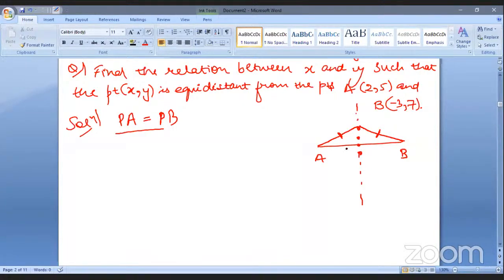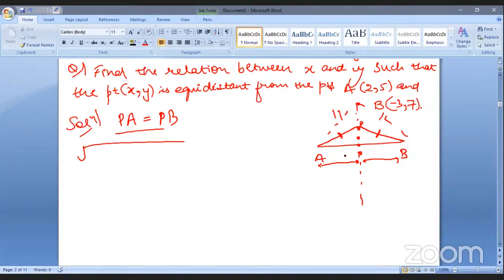If we are taking this as midpoint, this and this would be equal, definitely. But if we're taking this to be P, then these will be equal. It is also correct. It will again be equal. Okay, so just remember this point. Otherwise, we are good to go.